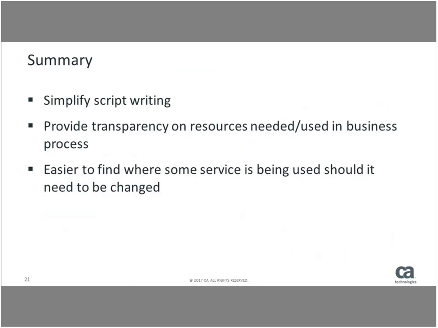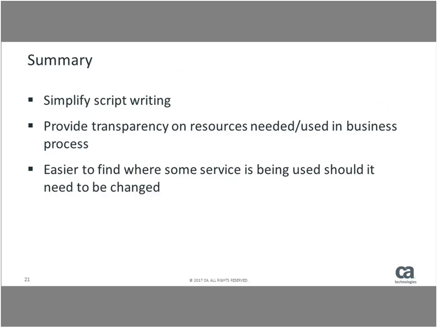If there's an out-of-the-box job type that has that feature or function that you're checking with, why not do it there? Because it's easier to then change things. It's easier to find where some service is being used, as well as change it should you be using a different server or different database vendor.